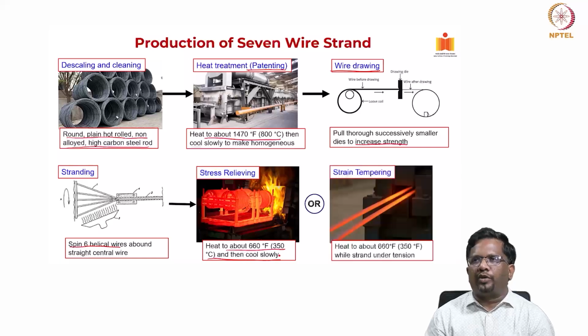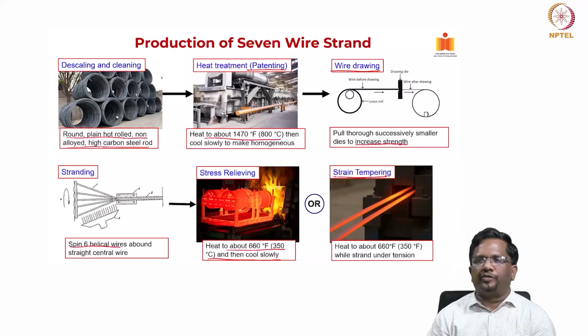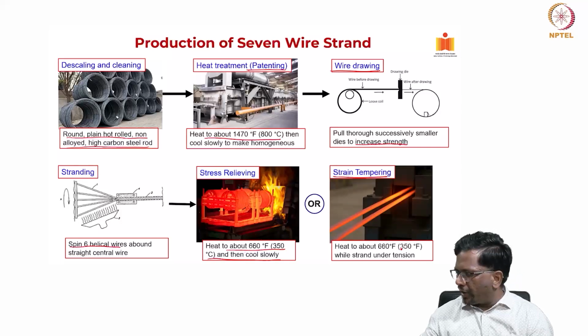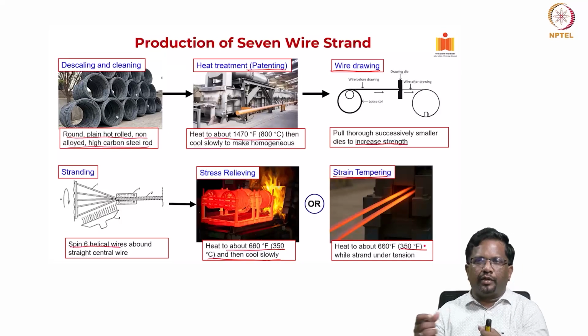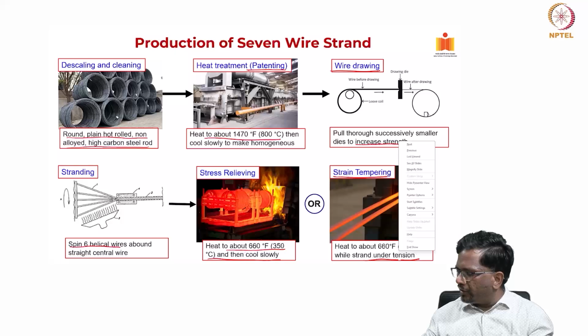Now, we have one more type: either you do stress relieving or strain tempering. What is the meaning of strain tempering? After the stranding process, you again heat it to 350 degrees centigrade, but while you heat it, the strand is also kept under some minimum tension, like what you see here.